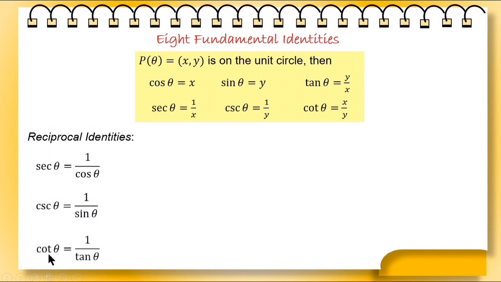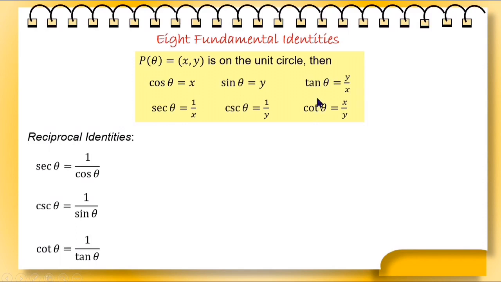We also have cotangent theta is equal to 1 over tangent theta, or tangent theta is equal to 1 over cotangent theta. These 3 identities are referred to as reciprocal identities. Take note, reciprocal of cosine is secant, reciprocal of sine is cosecant, and reciprocal of tangent is cotangent.